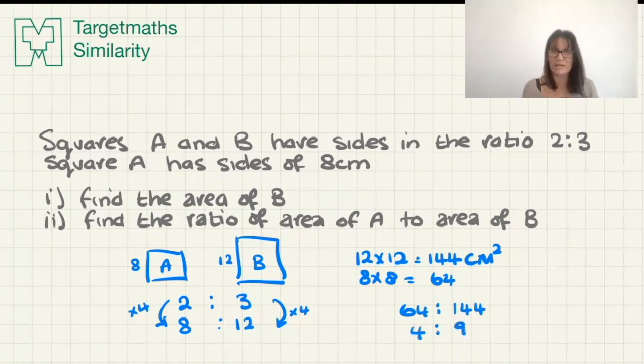So we'd always put it in our simplest. This is a really good tip if you're not doing this type of thing already. If you put a ratio, so I had 64 to 144, into the calculator as a fraction, 64 over 144, and press equals, that cancelled fraction is the same as my cancelled ratio. Saves me a lot of trouble and a lot of bother.